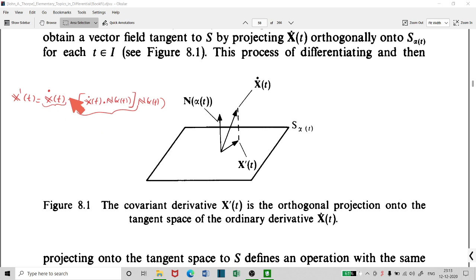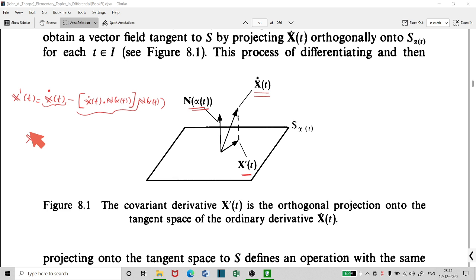this X dot t. Okay, when you take this as X dot t, we know that this is n of alpha of t and this X prime t is our X dot t. When you consider this X dot t, then X dot t can be decomposed into two components.